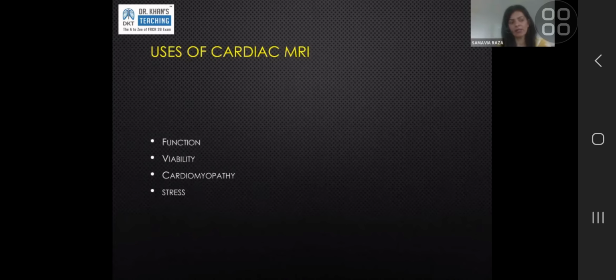Stress is when you give the patient adenosine or dobutamine or regadenoson, adenosine being the most common and assumed to be the safest. When you stress a patient, similar to exercise tolerance tests or stress echo, when you know the patient has ischemia, they have symptoms, they have disease on cardiac CT or invasive angiogram, but you want to see the extent of that ischemia, or you want to confirm that ischemia.